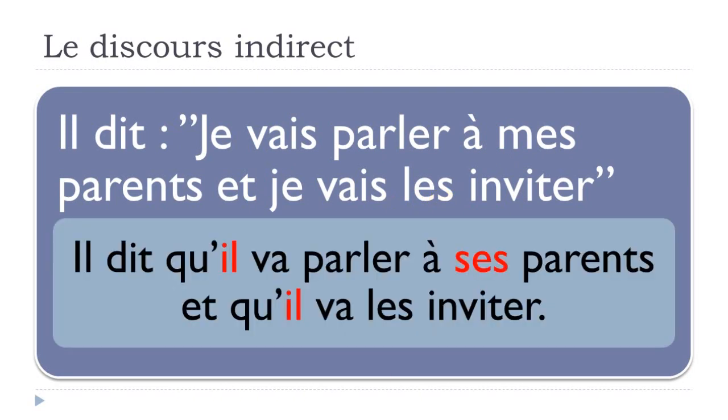And let's have a look. So il will change. So je is becoming il. Mes is becoming ses. Je is becoming il. But then here it doesn't really change because you are just referring to mes parents, and in that case it was already the plural form les, so it doesn't need to change at all. Okay, so il dit qu'il va parler à ses parents et qu'il va les inviter.